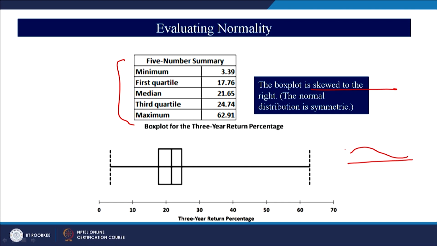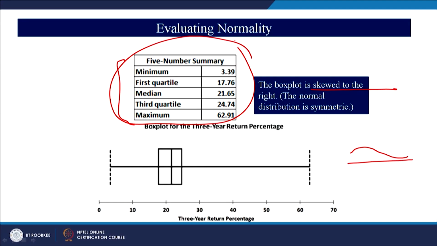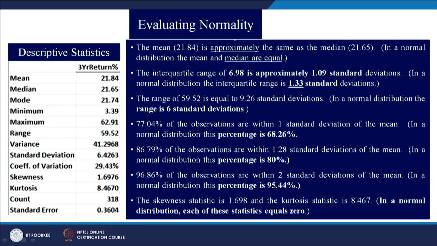So, we will see whether the data set from which we have found this descriptive statistics was normal or not. Let us look at this. You have calculated all these descriptive statistics.